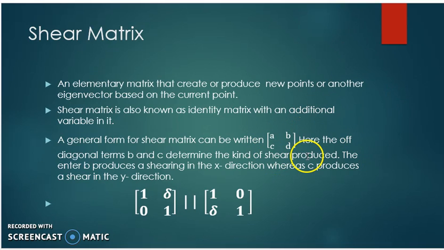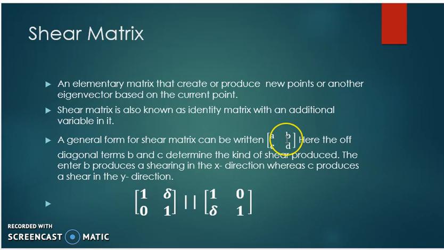A general form for the shear matrix can be written like this. We have a, b, c, d. In this case, the b and c actually are the off-diagonal terms, where one of them can be changed to any value, but the other should be 0.